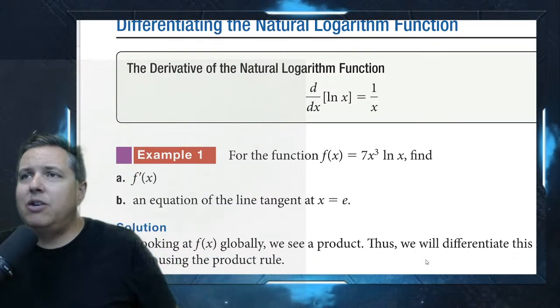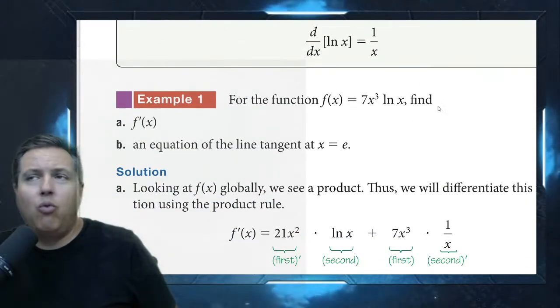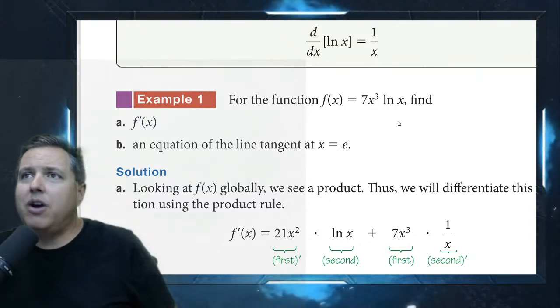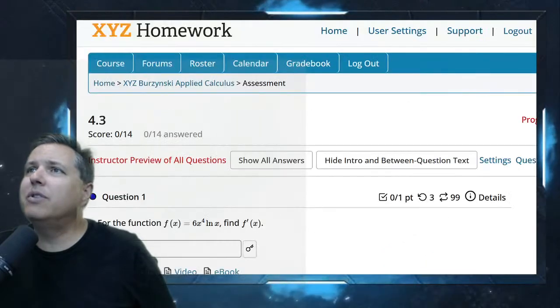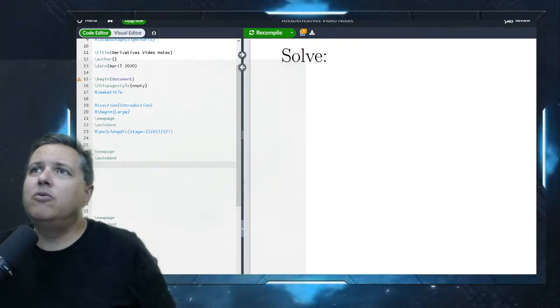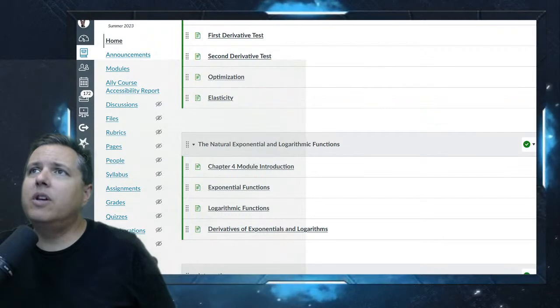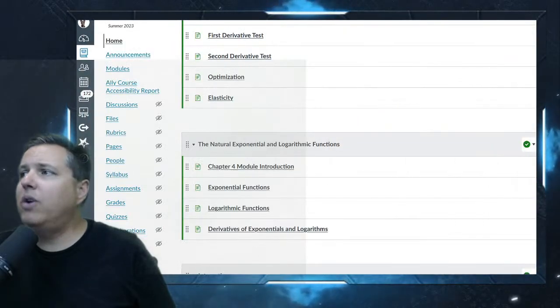But then you can see we start getting into things like, okay, well, what if we have a product rule here? Because notice this function is a product rule. So we'll kind of do that separately. Actually, let me move this out of the way.